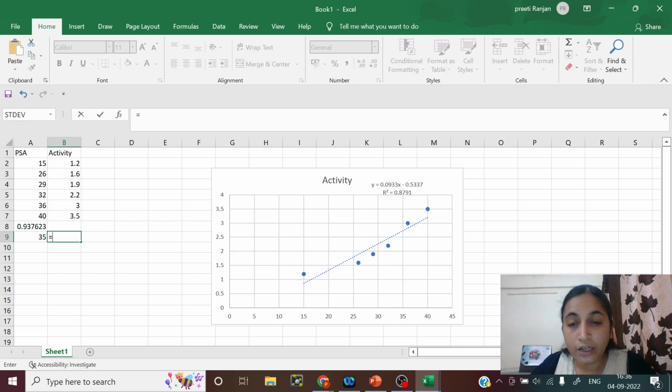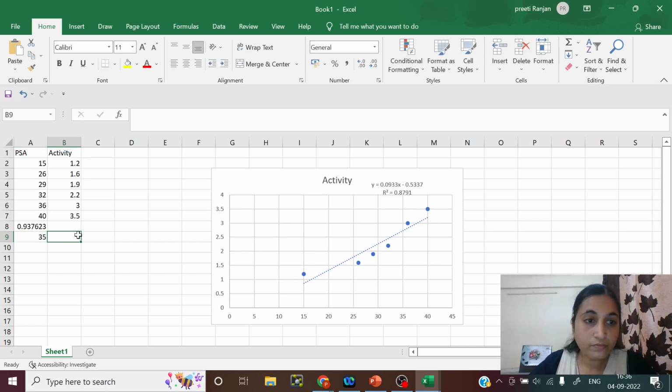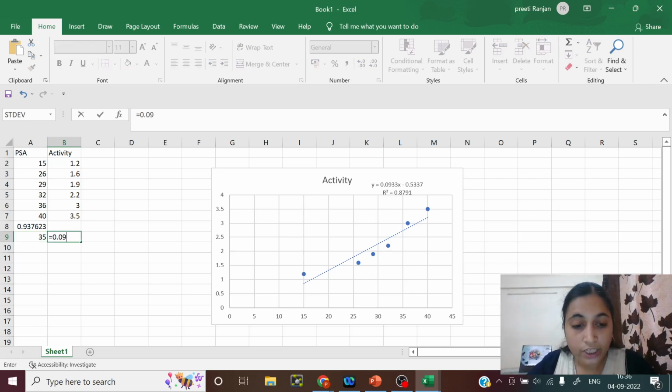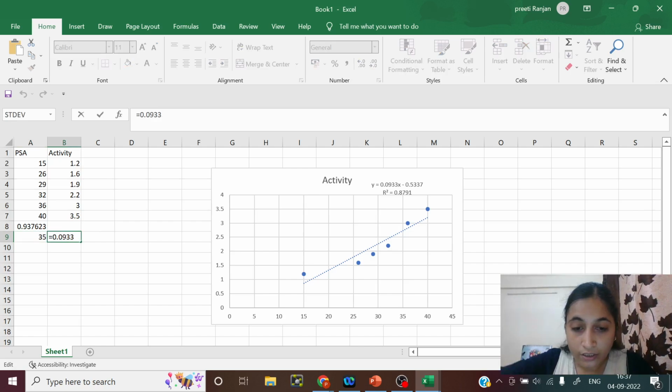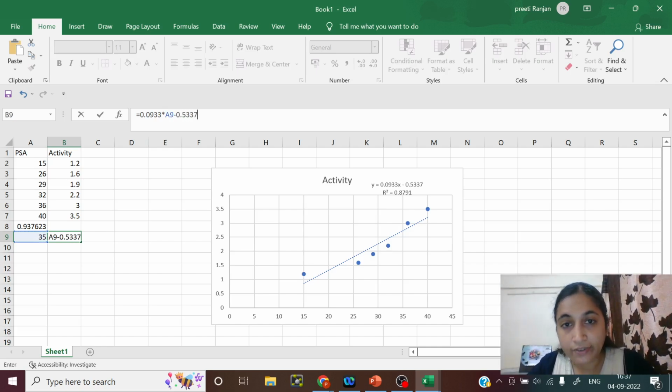So we have to calculate this y. So how we will do? Slope is given 0.0933 and then this, oh sorry, first we will take equal to and then 0.0933 into this 35, okay, then minus 0.5337, and then we will put the enter.